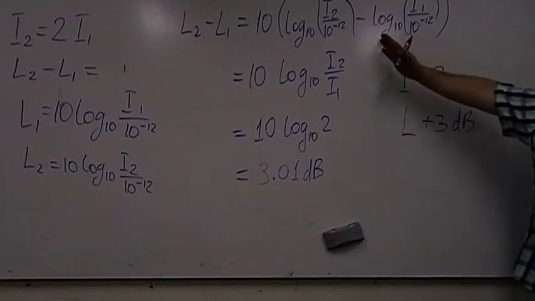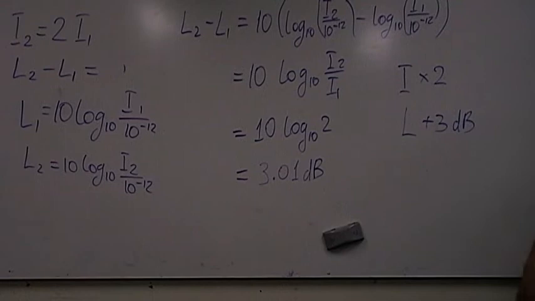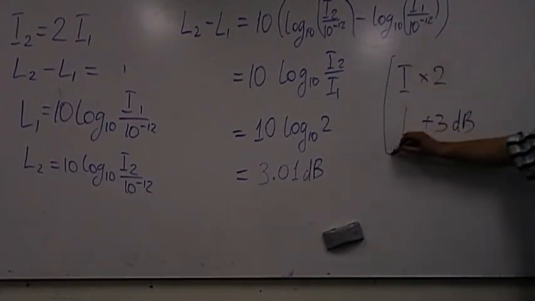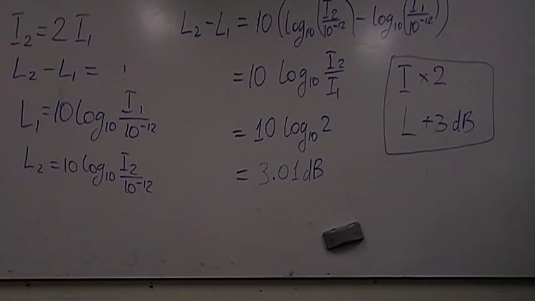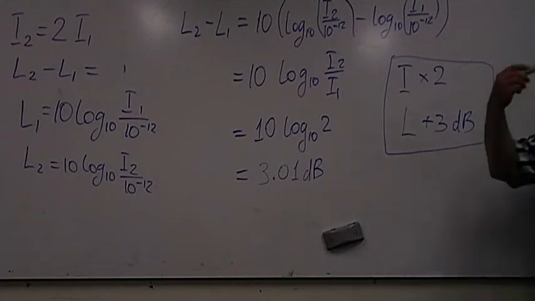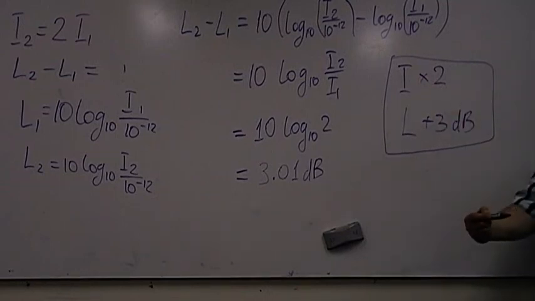If you know logs, it's better to go this way, but it will absolutely be fine on the exam if you just use this fact. When it halves, minus 3; if it doubles, plus 3. If it's increased 10 times, you add 10 decibels. If it decreased 10 times, you subtract 10 decibels.